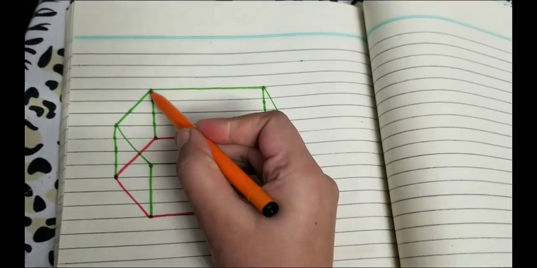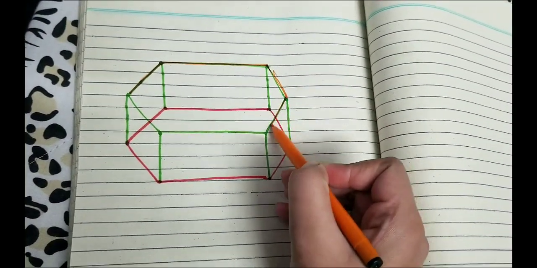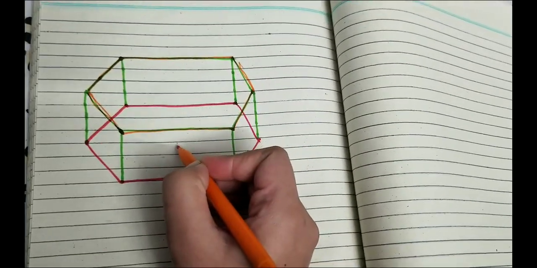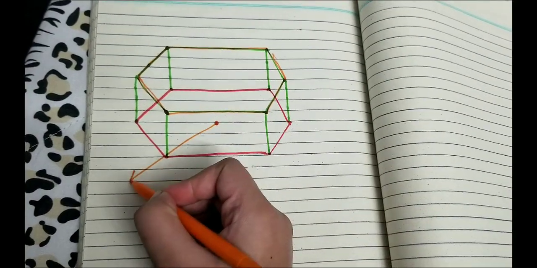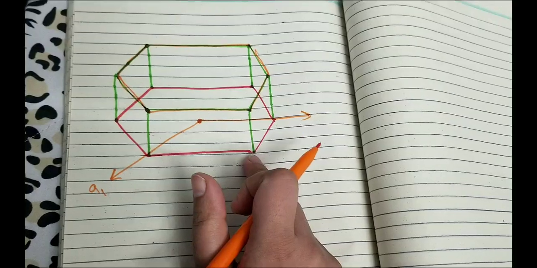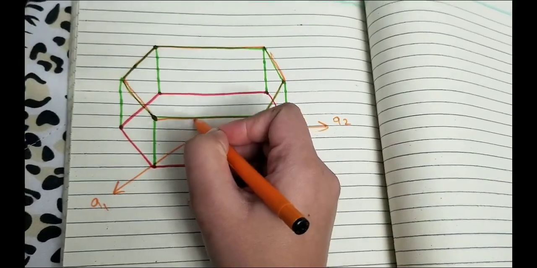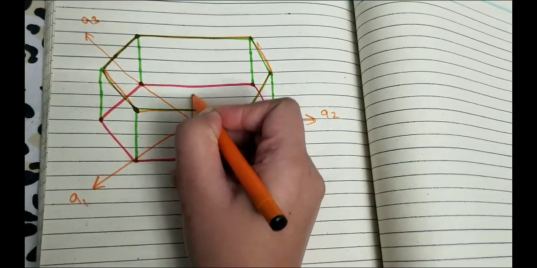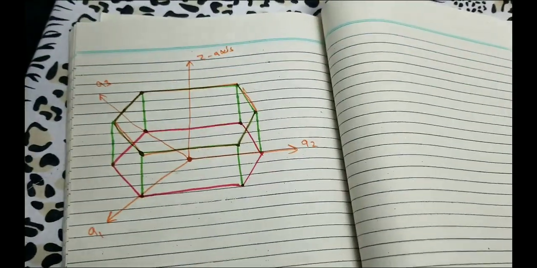Let me draw it just to distinguish it. Okay, the centermost point is the origin. Let this be A1, leaving one corner, the next corner will be A2, leaving one more corner, the next corner will be A3, and just vertically above will be the Z axis. Okay, so this is the HCP lattice.